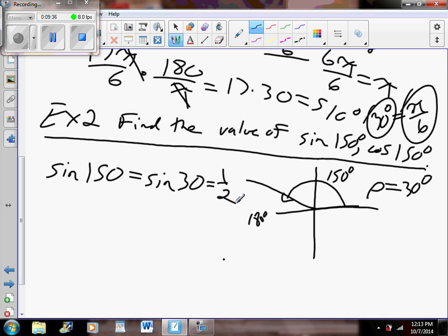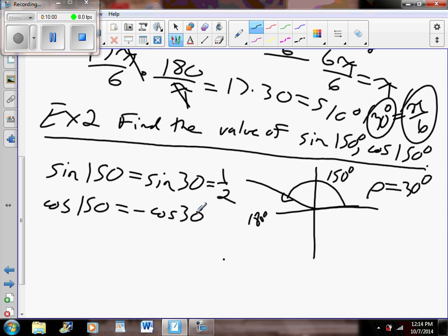Now, what about the cosine? Cosine at 150, I'm also going to refer to the 30 degree reference angle. But cosine is negative over here in quadrant 2. So that means I'm going to attach a negative, and whatever cosine is at 30 degrees, the negative of it is going to be the value of cosine at 150.